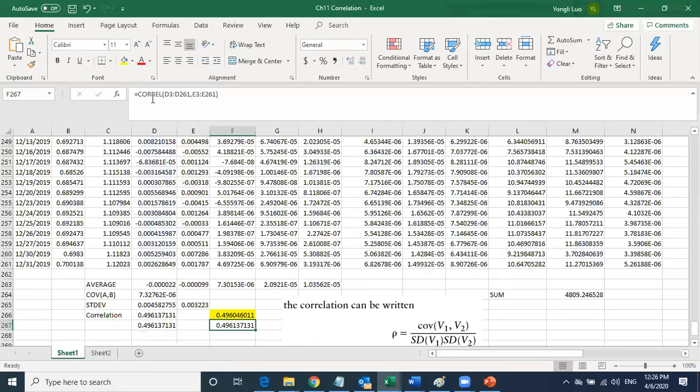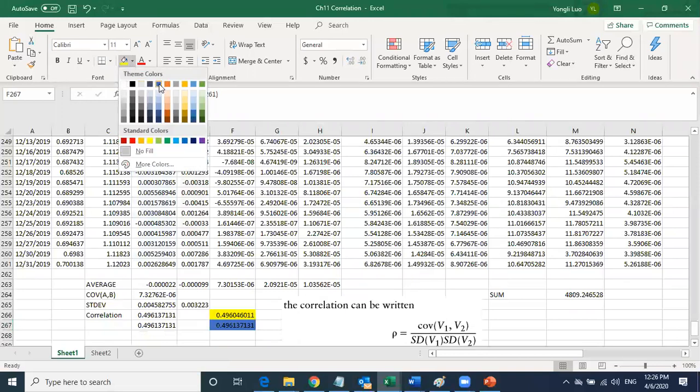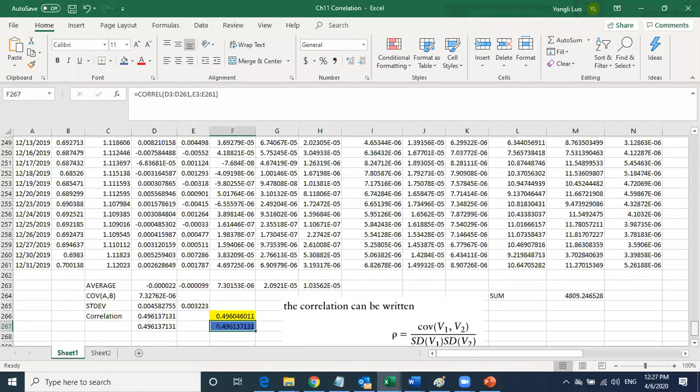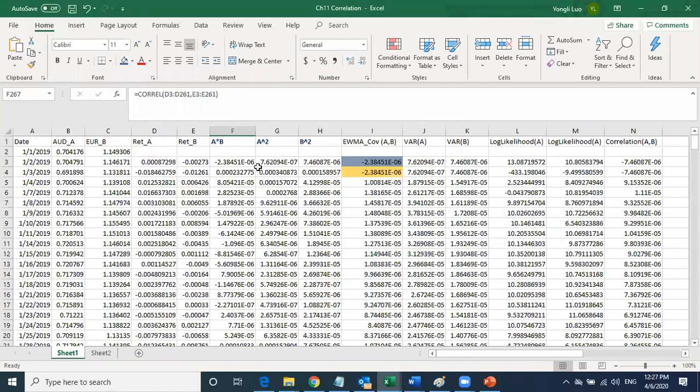You can see that we got a correlation very close to the one we did separately using this function. Excel has a correlation function, so we can calculate the correlation. That is typically what we did before, and the reason is this is weighted equally. Now what we do is use the exponential weighted moving average.